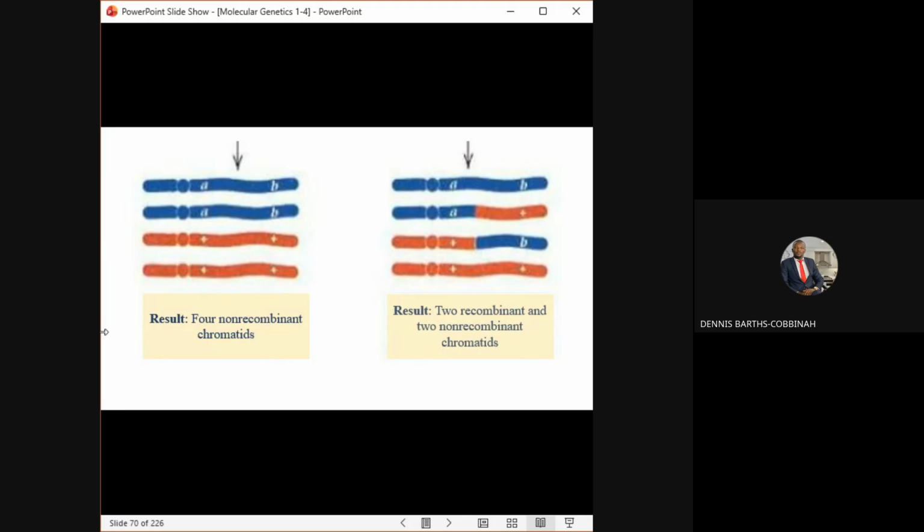When that happens, we say a variation has occurred because the individual has sequences from different chromosomes, and that is crossing over.